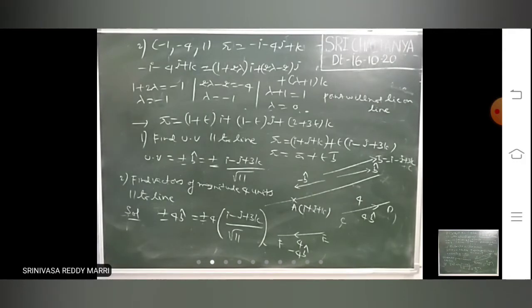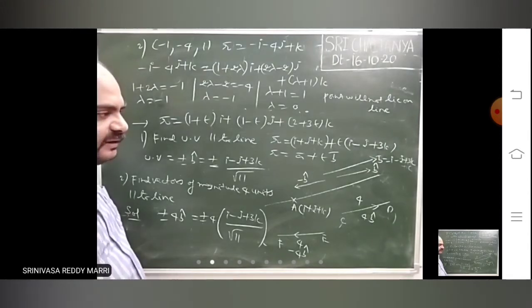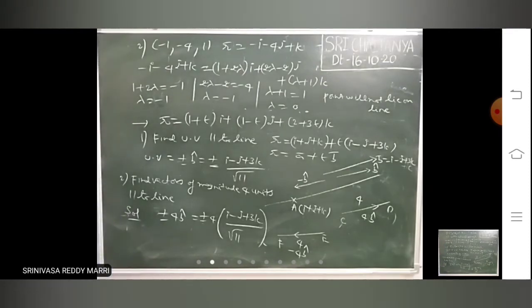Those are the two vectors parallel to the line having magnitude 4 units. If a unit vector is there, magnitude into unit vector will give that vector. I told you, we have done it a number of times. So like that.